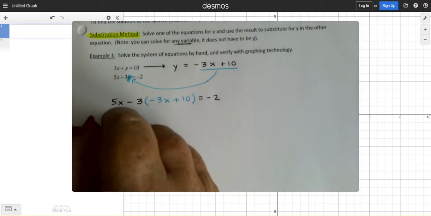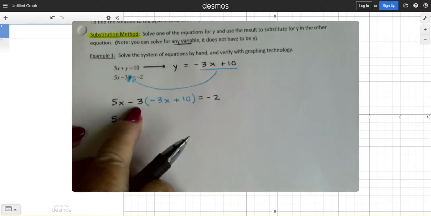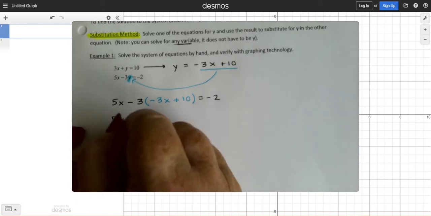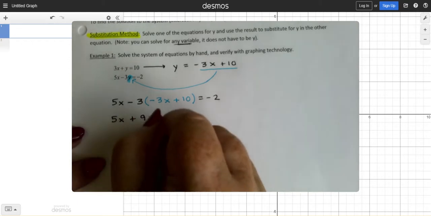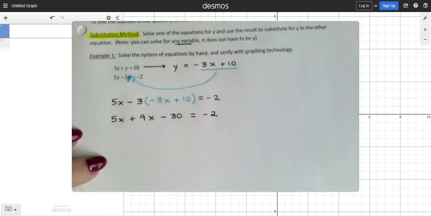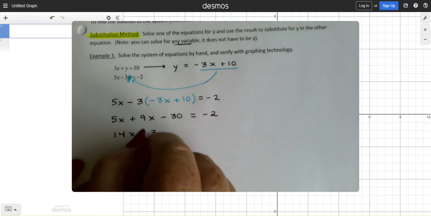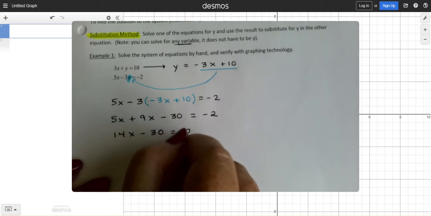I've got my 5x, and then I'm going to distribute my negative 3. So that'll become a positive 9x and a negative 30 equals negative 2. So I have 14x minus 30 equals negative 2.